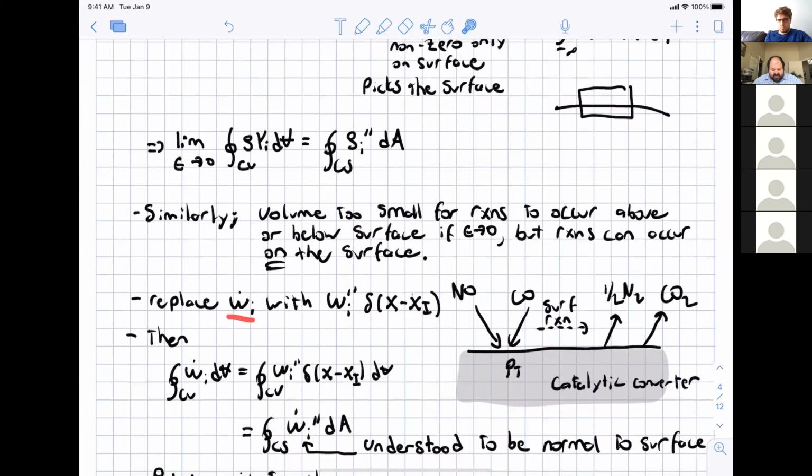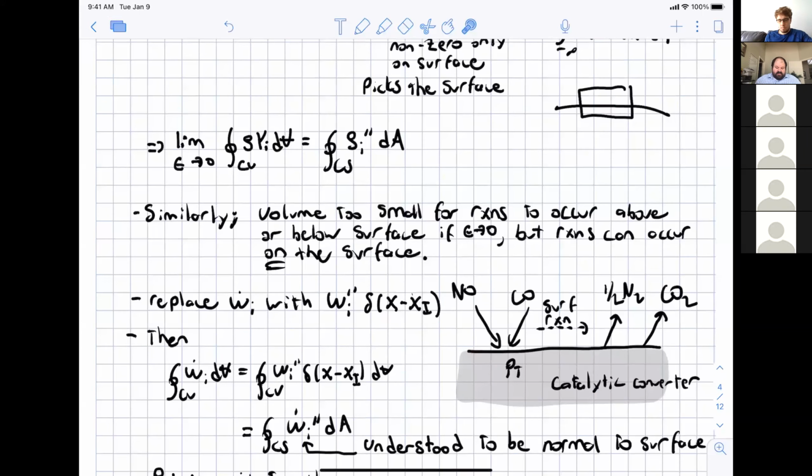So we replace the volume integral of omega dot i dV, the chemical reaction rate for species i, with a surface reaction rate, again multiplied by our Dirac delta function, which picks the surface.